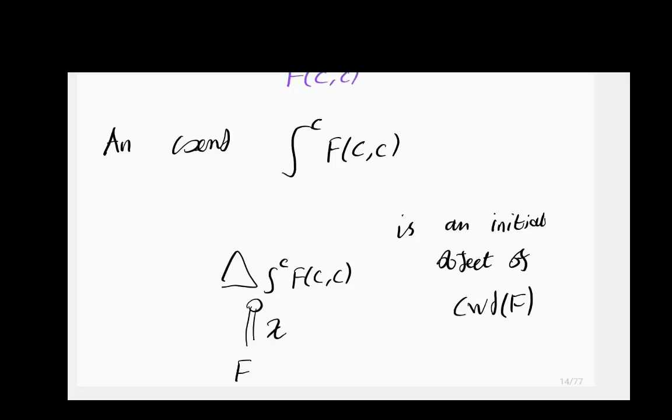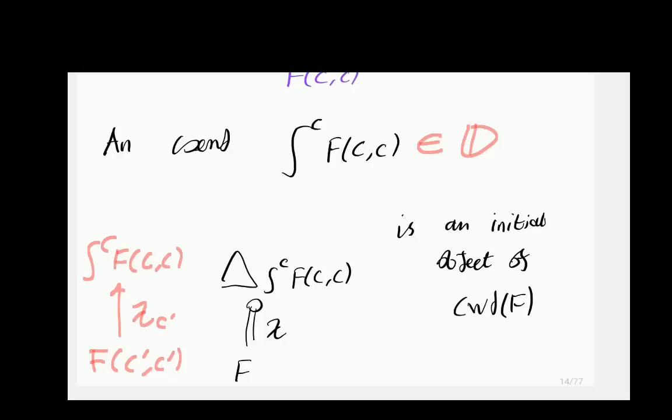So really, this integral notation is going to give us an object in our category D. But there is this co-wedge that comes with it, which means that if we pick any object C dash, we get this injection arrow, lambda C dash, which goes into our coend.